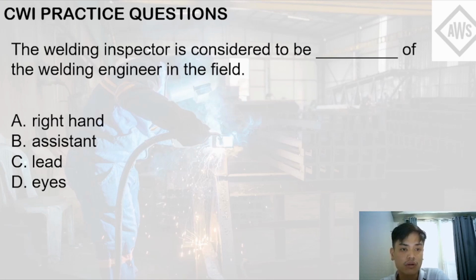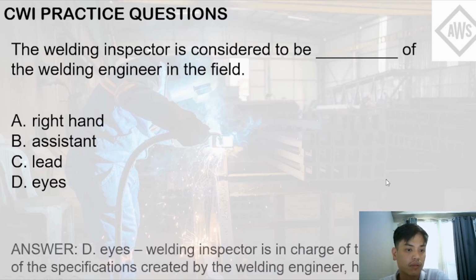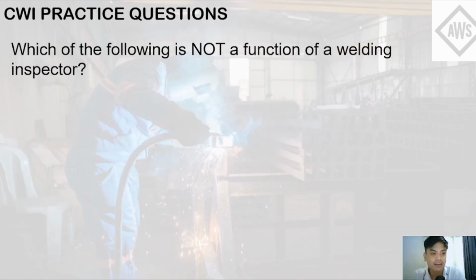The welding inspector is in charge of quality control, meaning he validates whether the welds comply with the welding or quality standards that the welding engineer produced or implemented. From that idea, you can deduce the right answer here. Letter D, eyes. The welding inspector is in charge of quality control of the specifications created by the welding engineer, hence the eyes.